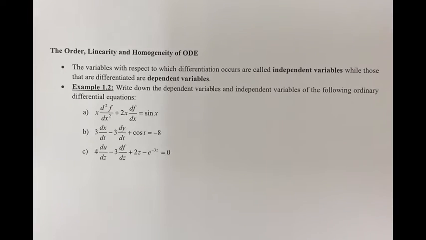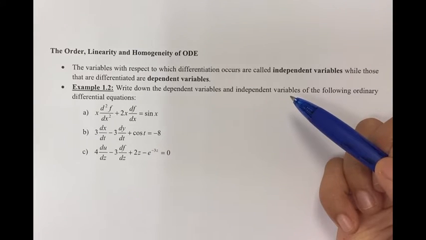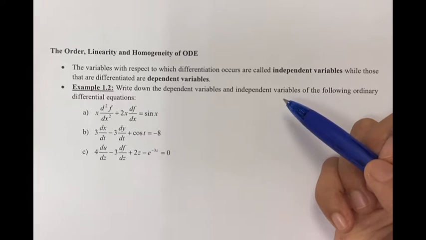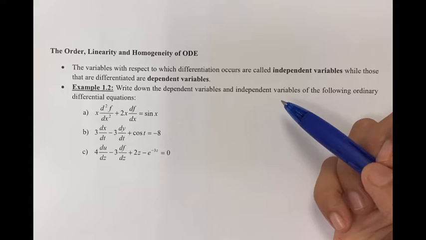Okay, so basically the variables with respect to which differentiations occur are called independent variables, while those that are differentiated are dependent variables. Or in simplest word, you can say that independent variables are the denominator and the dependent variables are the numerator.